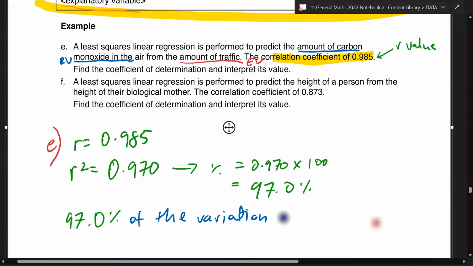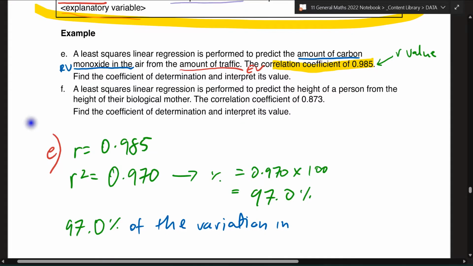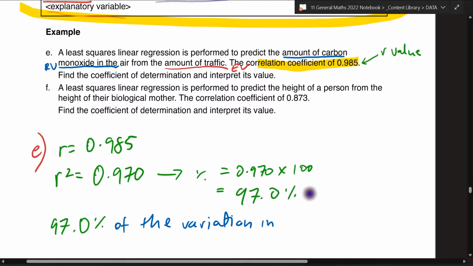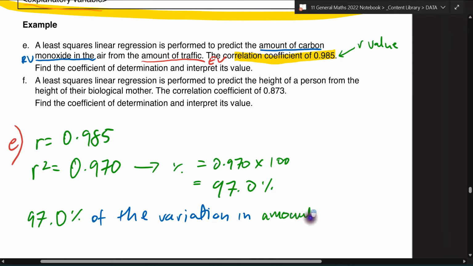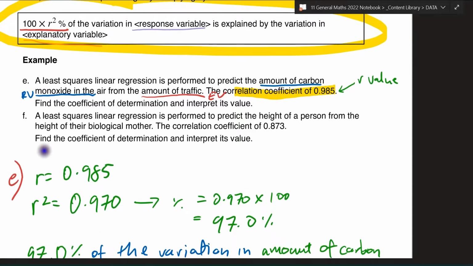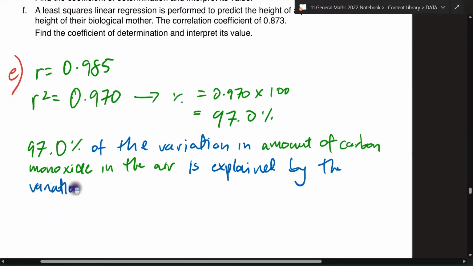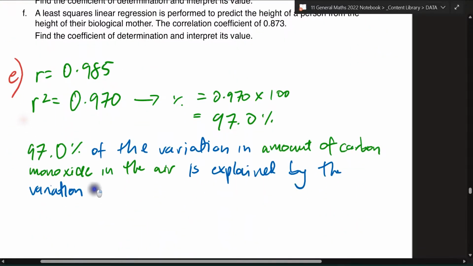So what's the response variable? Have a look. Carbon monoxide, the amount of carbon monoxide. So I'll put that in: amount of carbon monoxide in the air, is explained by the variation in, and then tell me what the EV is.